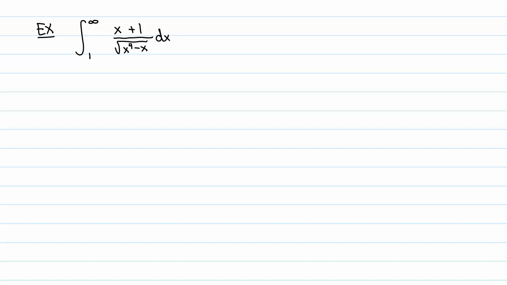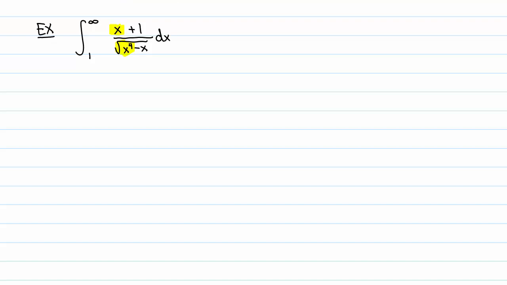There are several issues with this, but just taking my advice, my tactic, which is to look for the highest power in the numerator, or the biggest bad boy in the numerator, which is going to be x, and the biggest bad boy in the denominator, which is the square root of x to the fourth, I will create a function to compare it to.